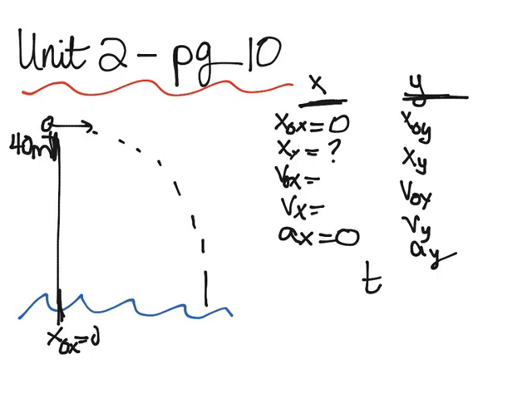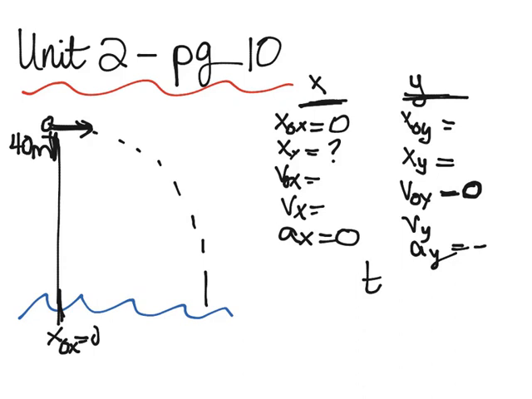Okay, so these little guys are running off the cliff. We know that at the beginning, all of their velocity is in the side-to-side direction. It's all horizontal. So v naught y is 0, because they are not moving up and down at the beginning.